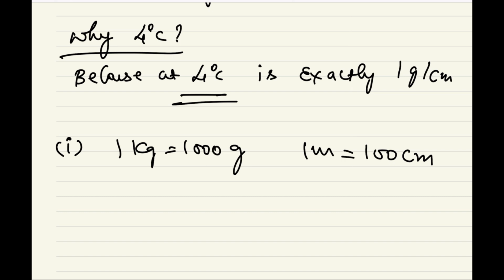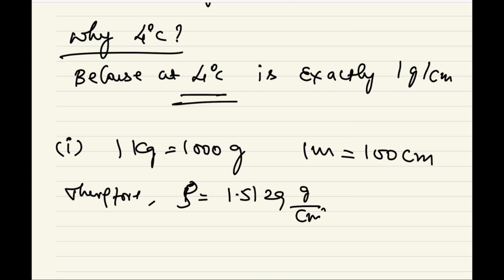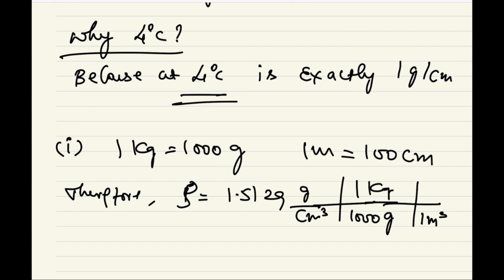So density, that is rho, is equal to 1.5129 gram per centimeter cube. Let us convert it. 1 kg is nothing but 1000 gram, and 1 meter cube is nothing but 100 centimeter cube.